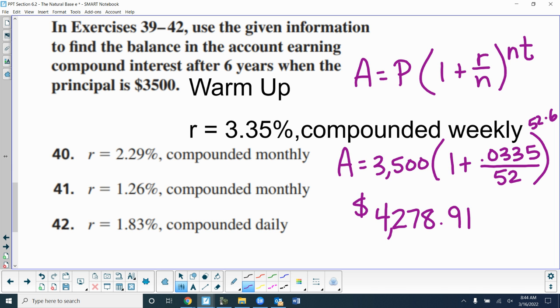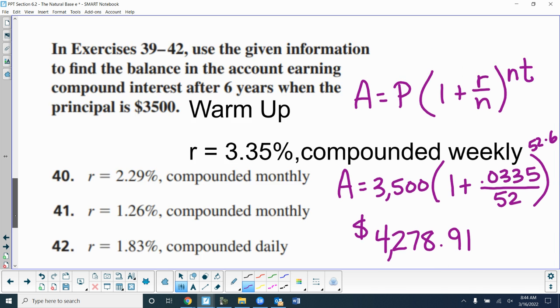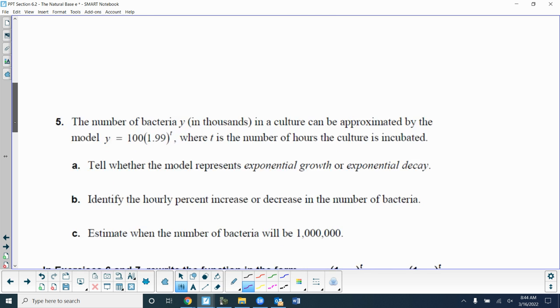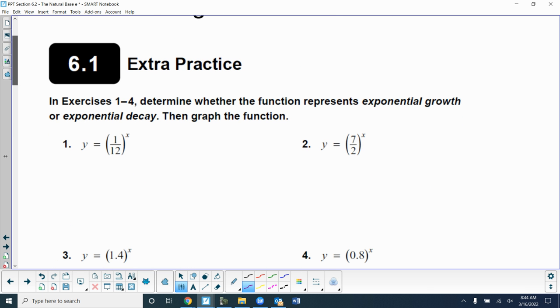And if you do a quick sketch of these, this was pretty steep. I put it in my calculator, but it was pretty steep. Like that. All right, number 2 was what? Decay or growth? Growth, because 7 halves is 3.5, right? That's bigger than 1. Okay?